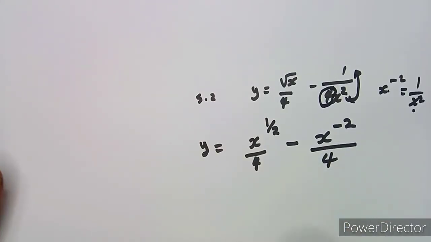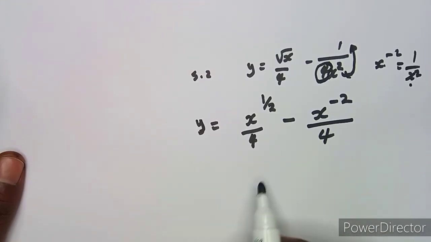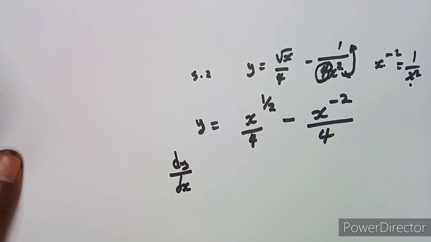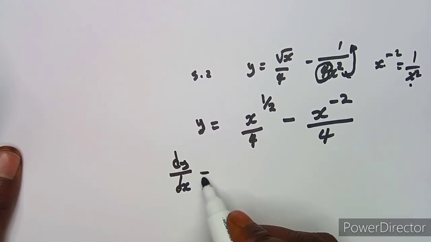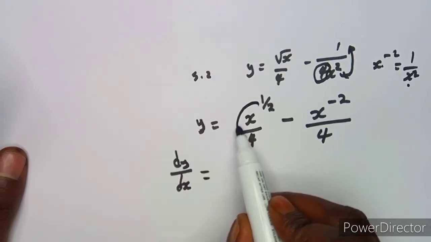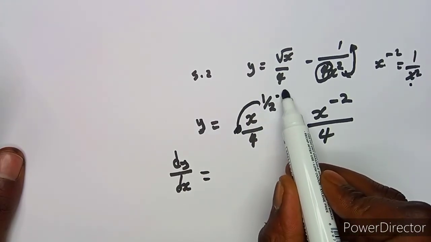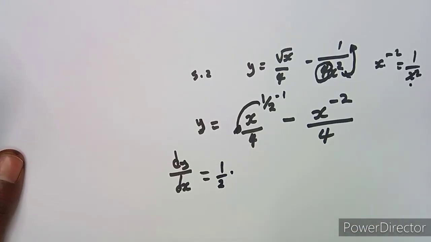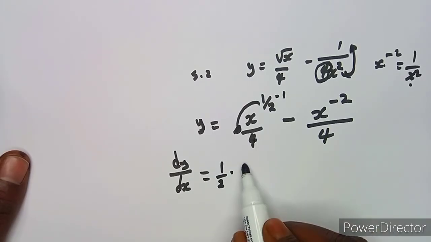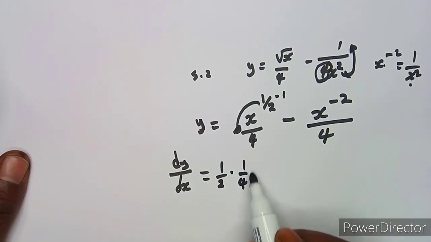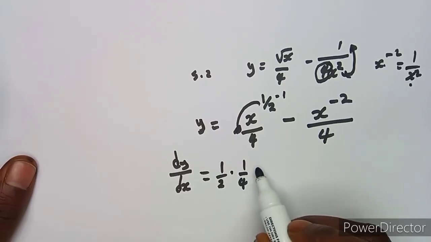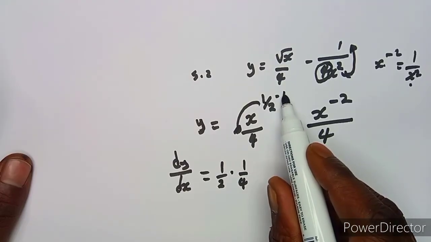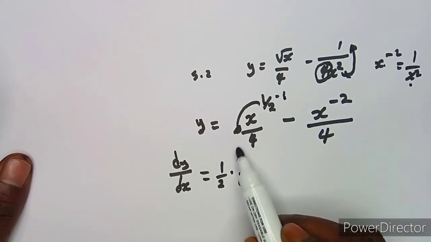All right, now here we're just rearranging. Now we are going to find our dy dx. So what are we going to have on our dy dx? Remember, we have to drop the exponent, we multiply by the exponent, then we subtract 1. So here our exponent is going to be half times, what are we going to multiply? We multiply by this 4, which is 1 over 4, because it's in the denominator. Then x is going to subtract, so half minus 1, which is minus half.